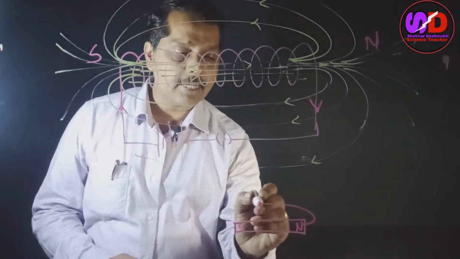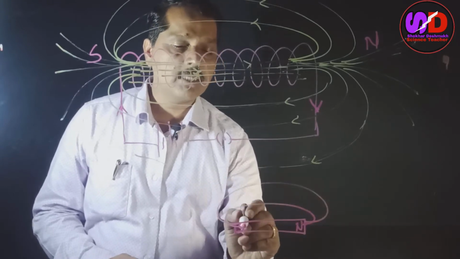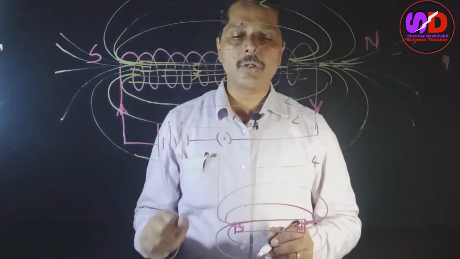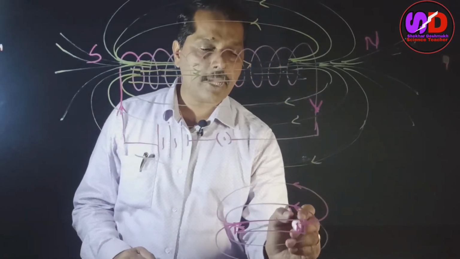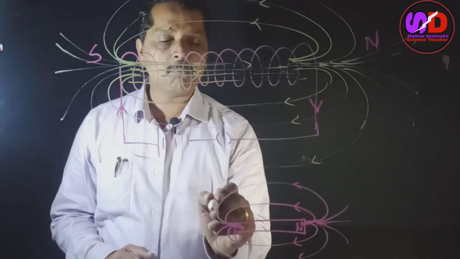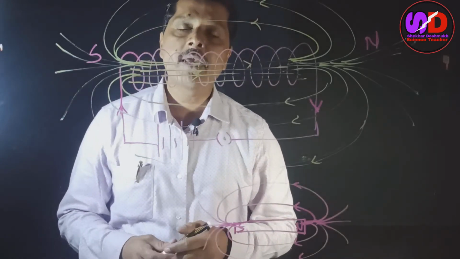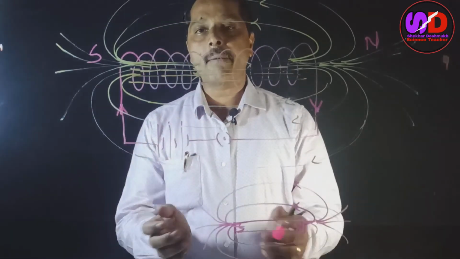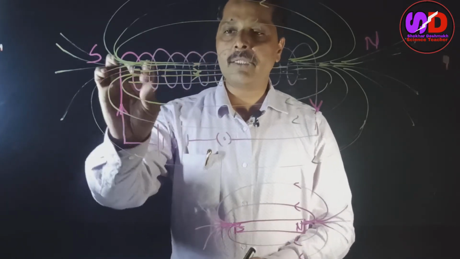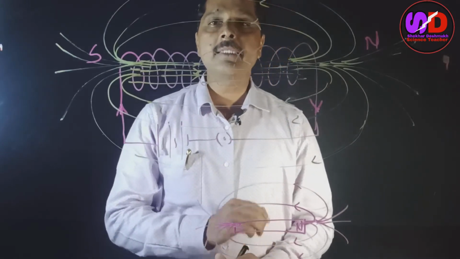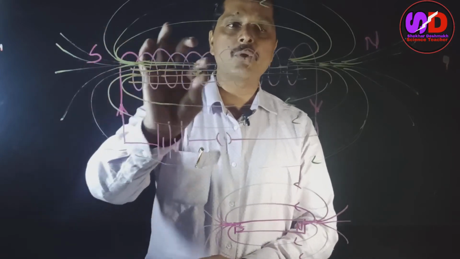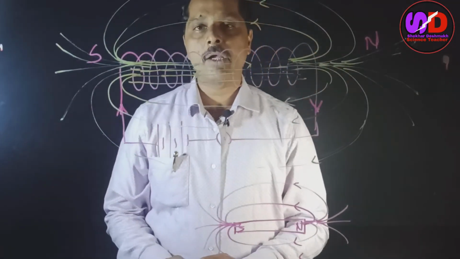Then the magnetic lines of force are of the similar type as we can see in the solenoid. Only the difference is that the magnetic field lines in the center of the loops are uniform. So a uniform magnetic field is produced through this coil.